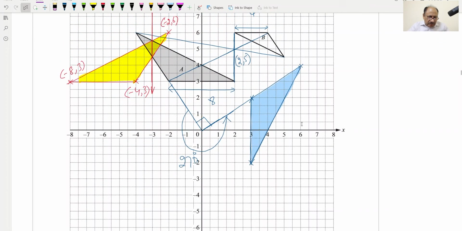So this is our A. We will be moving left by 1 unit.